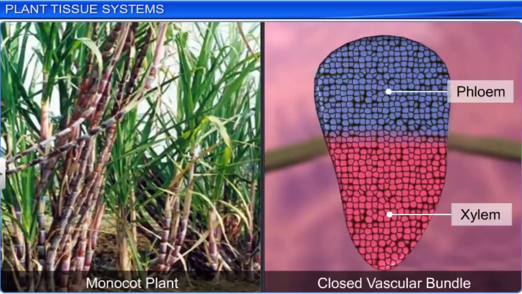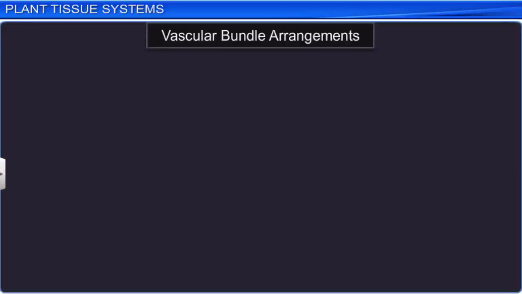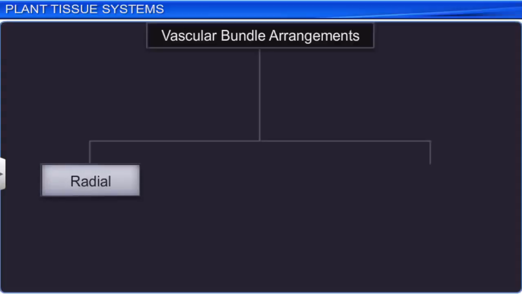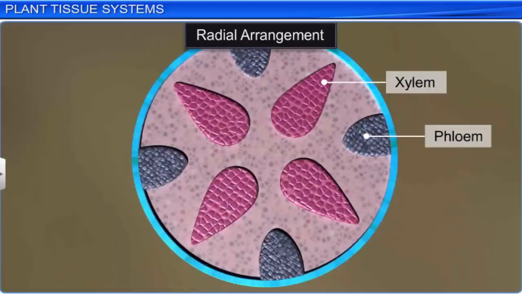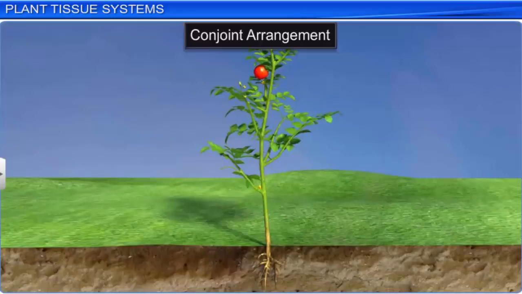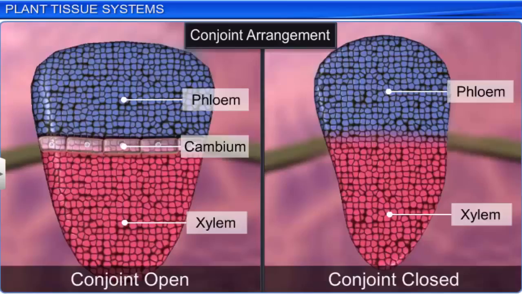There are two types of vascular bundle arrangements, radial and conjoint. The radial arrangement is generally found in roots, where the xylem and phloem in a vascular bundle are arranged in an alternate manner at different radii. In the conjoint arrangement found in stem and leaves, the xylem and phloem are situated at the same radius of the vascular bundles.